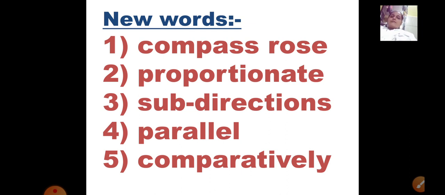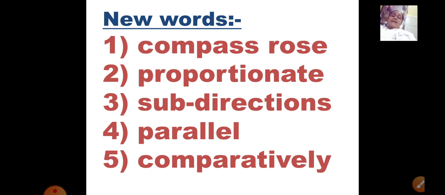Now see the second one. PROPORTIONATE, proportionate. Proportionate means balanced, not less, not more. In a balanced way, that is called proportionate. Third one, SUBDIRECTIONS, subdirections.